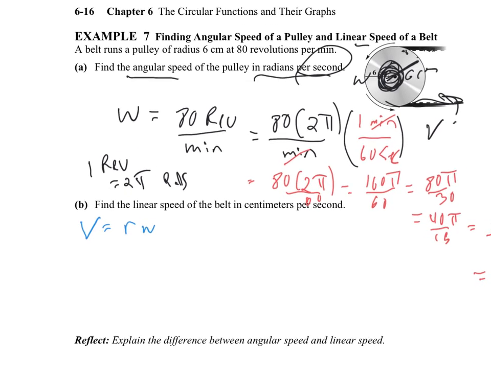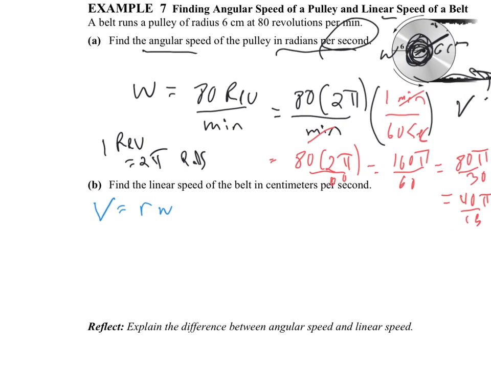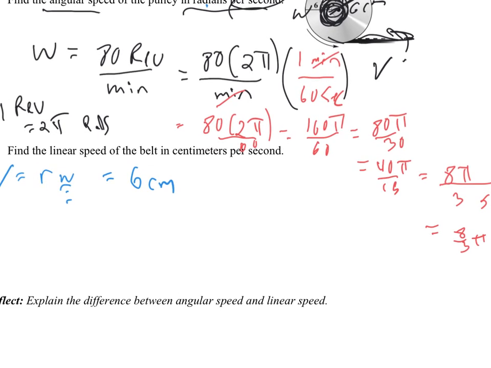The radius was 6 centimeters. So that would equal 6 centimeters times omega, which I found over here, 8 pi over 3, and that was radians per second.